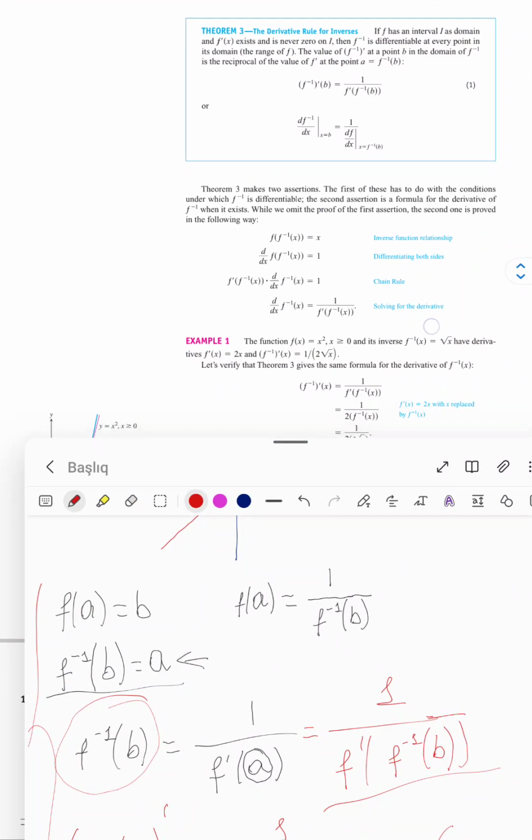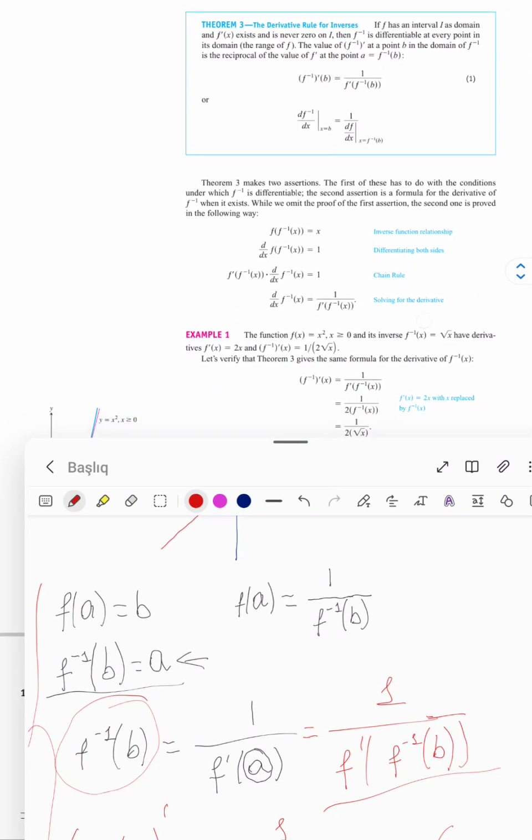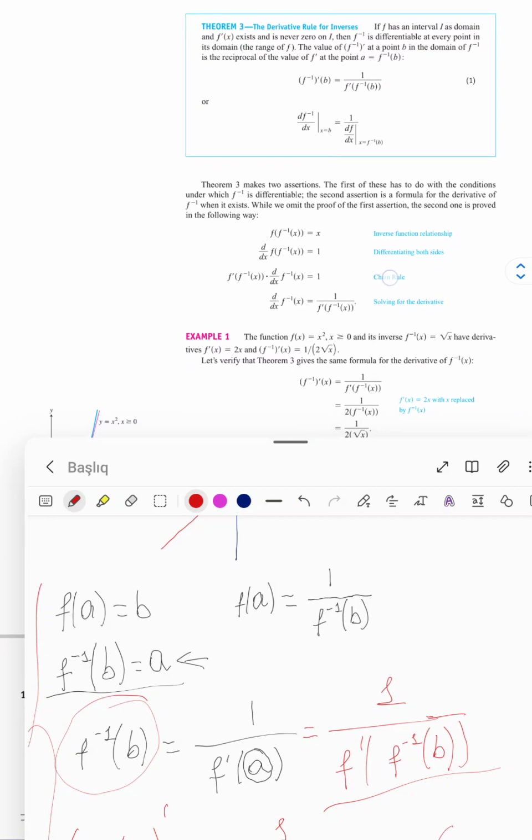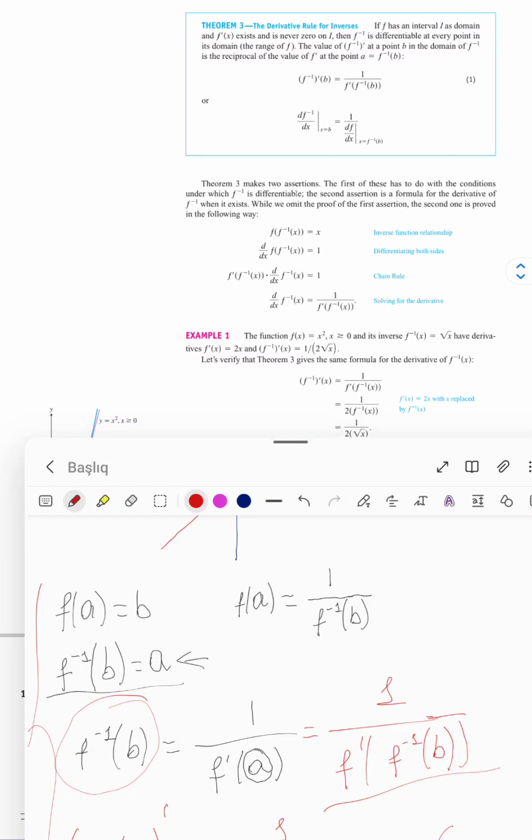Let's see what we have here. To prove it, it's a theorem, by the way. We know that f of f inverse x equals x.